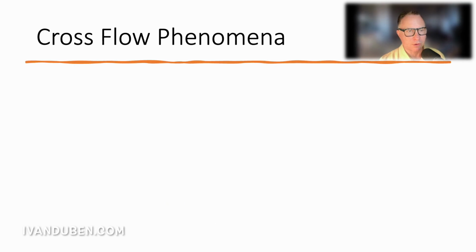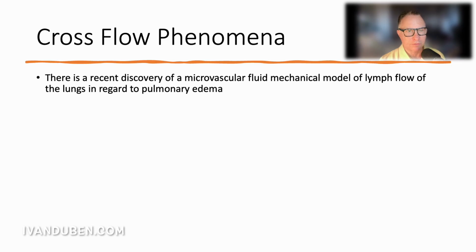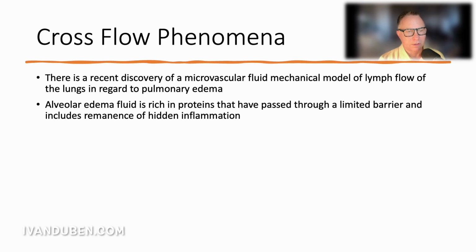More information on that cross-flow phenomena supporting the alveoli aspect of the lung. There is a recent discovery of a microvascular fluid mechanical model of lymph flow of the lungs in regard to pulmonary edema. Obviously that edema is occurring when this cross-flow phenomena breaks down or the system is overwhelmed with toxicity or bacteria.